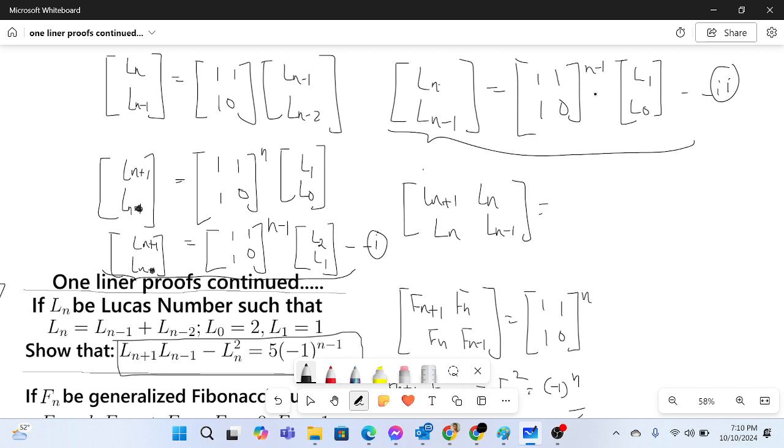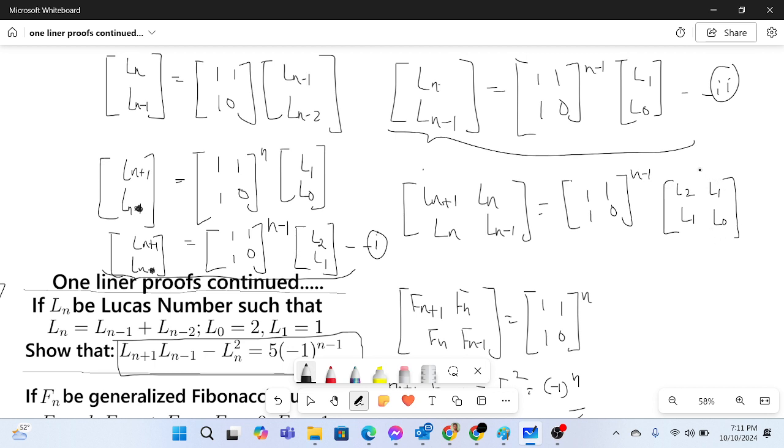This will be given by the same matrix 1 1 1 0 to the power n minus 1, and then, okay, now this was given by this thing, right? L2 L1, and this one was given by this vector, right? So L1 L0. I can write it like this. So basically what happens in matrix multiplication is, this vector will multiply with this matrix to give the first pair of vectors.